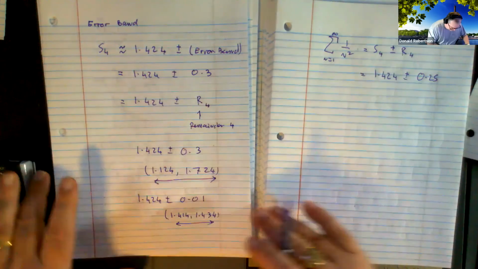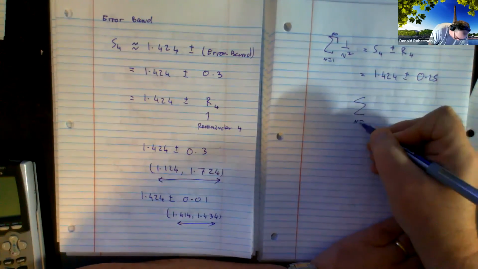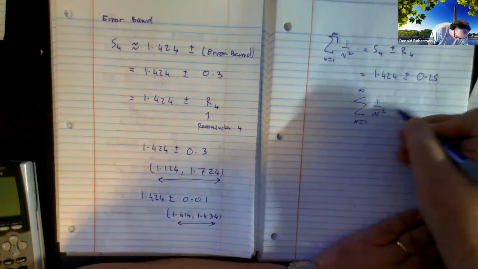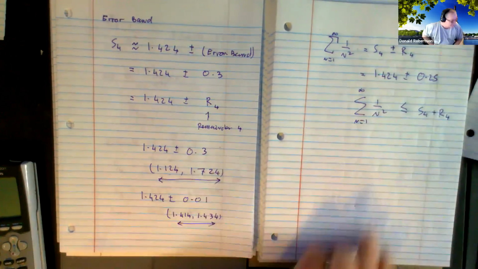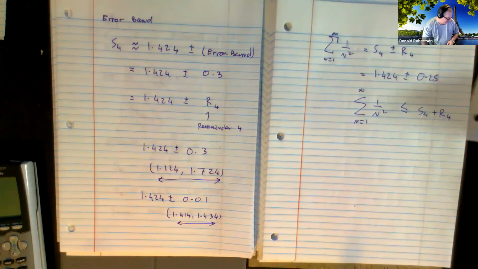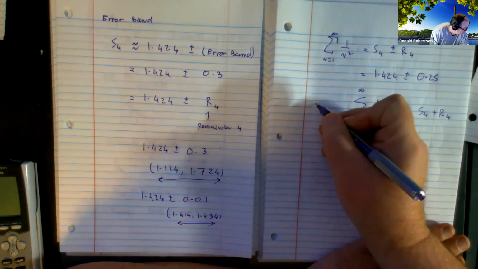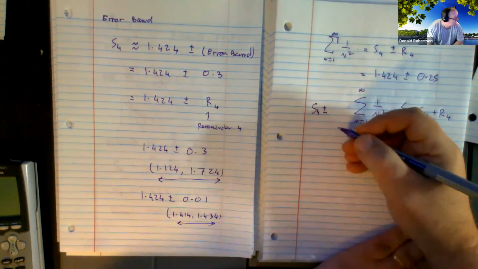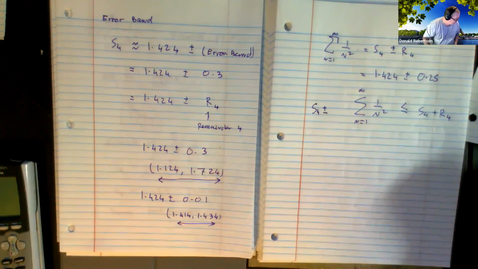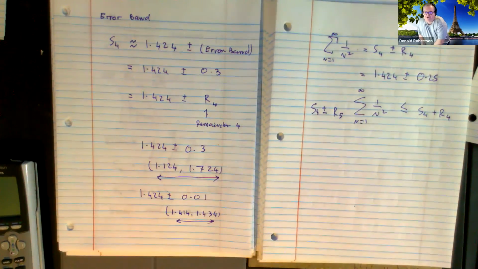Now, there is a kind of refinement on this. I know that 1/n² is definitely going to be less than that number. And the refinement is that if you go on the other side, and on the other side, it's R5.